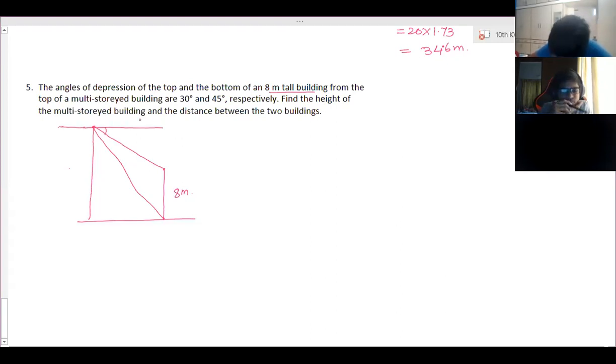So top is at a depression of 30 degrees and the bottom is at a depression of 45 degrees, right? So from this point we have to draw the horizontal line to get this angle. This is 30 degrees and this is 45 degrees. Alternate interior angles are equal. Clear? AB is a multi-story building.